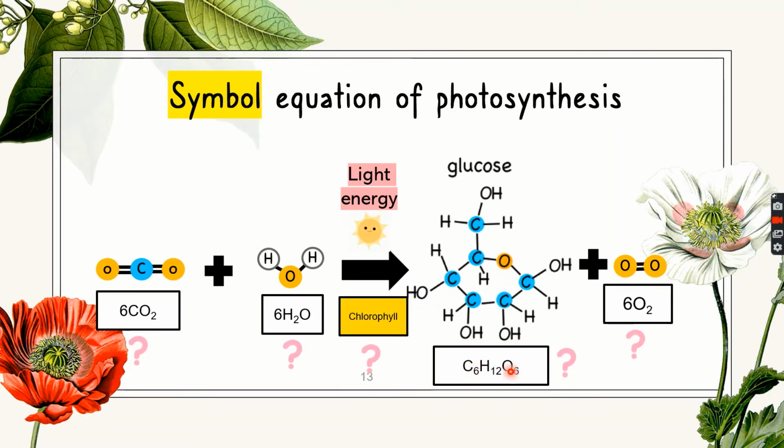That's why it's called C6H12O6. And plus O2. And if we want to balance this out, that's why we put 6 in front of carbon dioxide, water, and also oxygen gas.